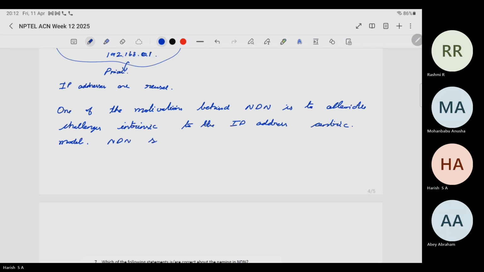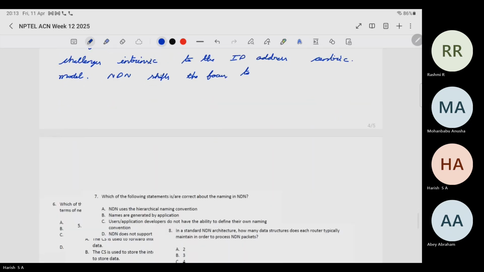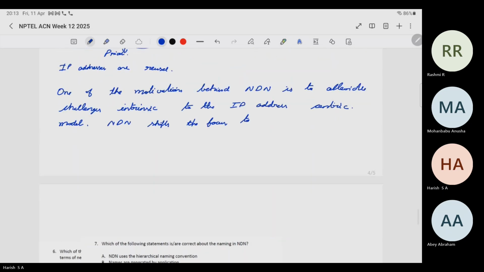NDN shifts the focus to naming content rather than specifying endpoints.